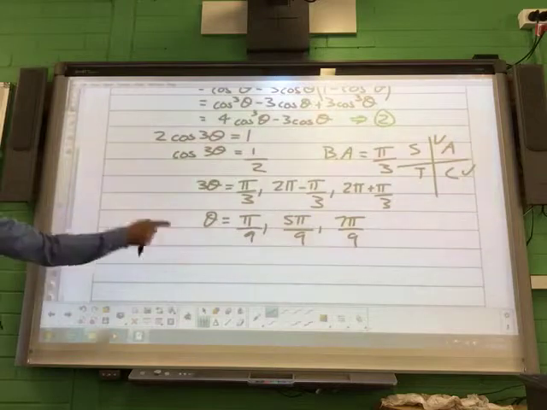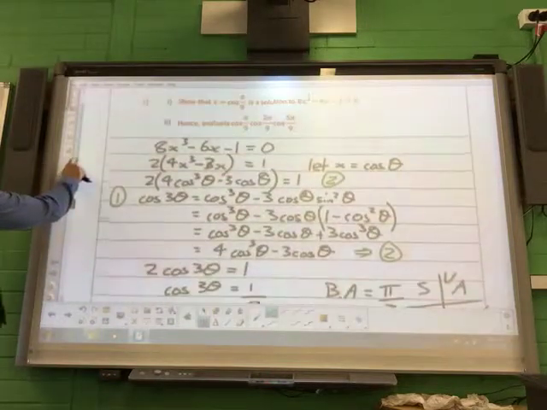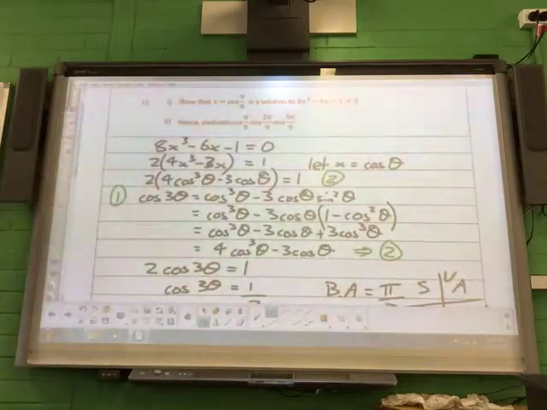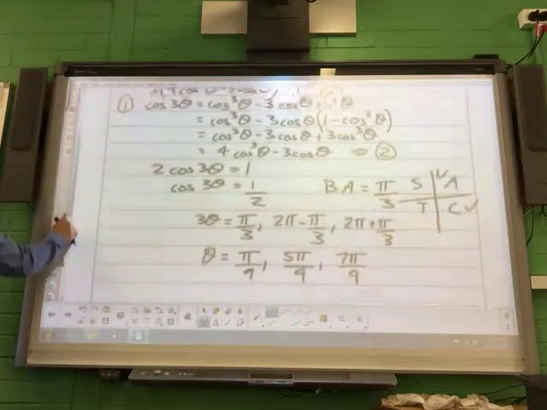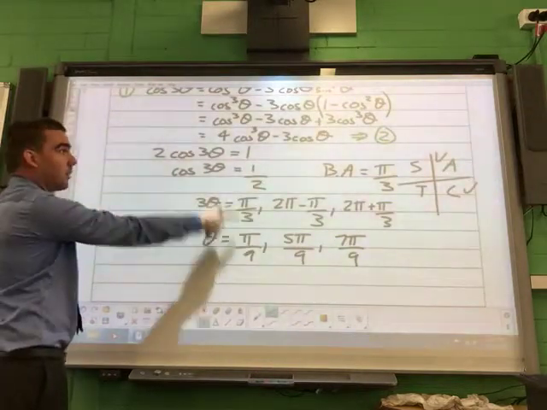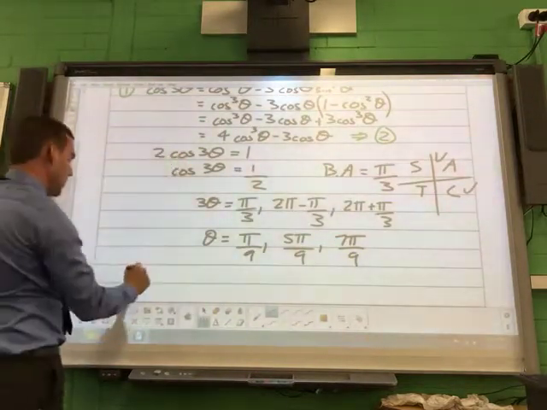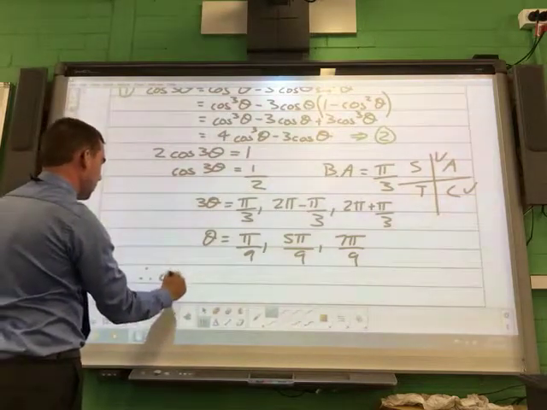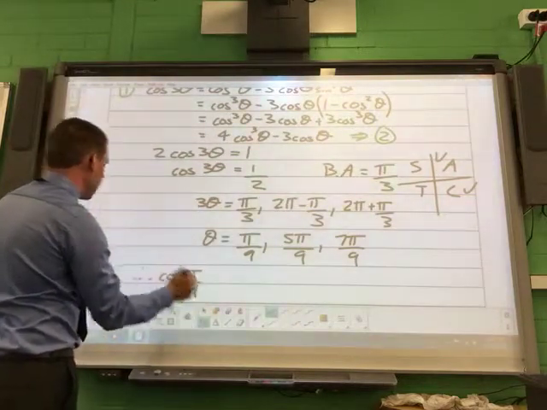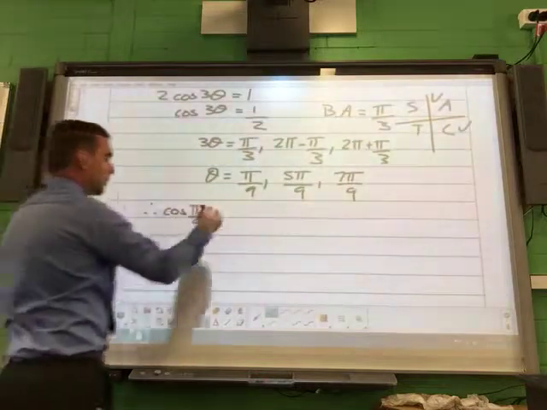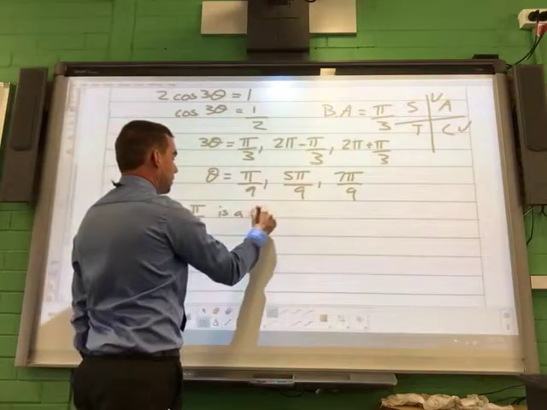Alright. So for that first part we need to show that x equals cos pi on 9. So therefore if theta is pi on 9 and we've already set it as cos, then cos of pi on 9 is a solution.